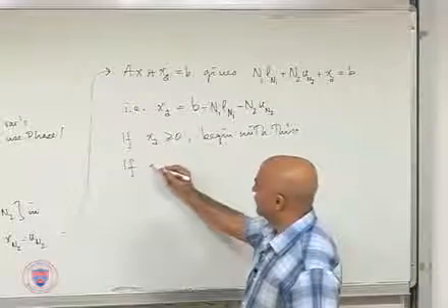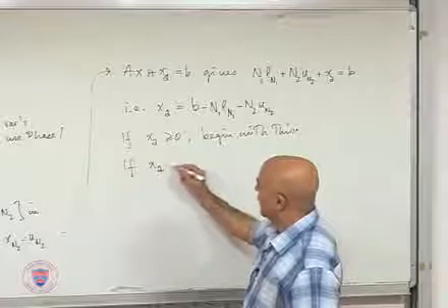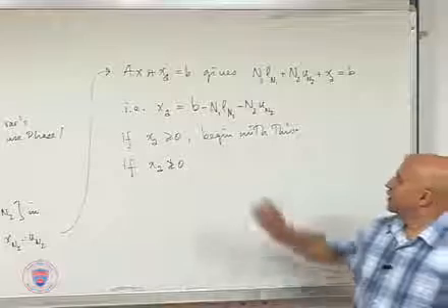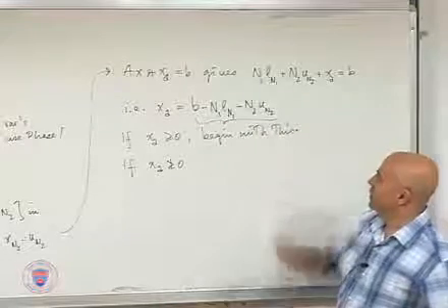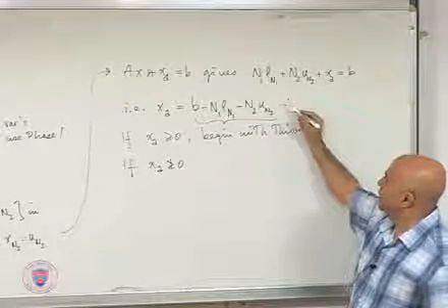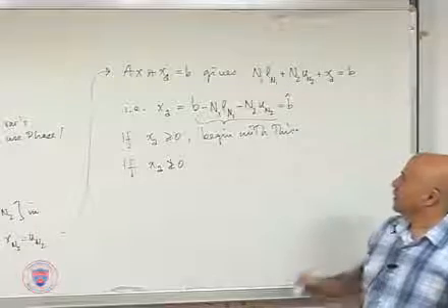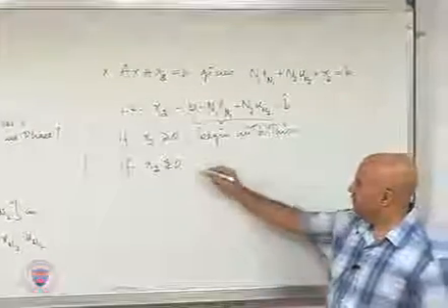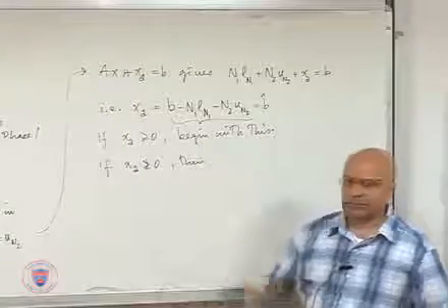If not, that means at least one component here, that's your b cap now, some component is negative in that case. Then what do you do?